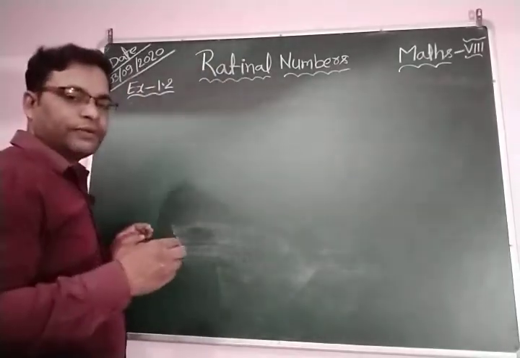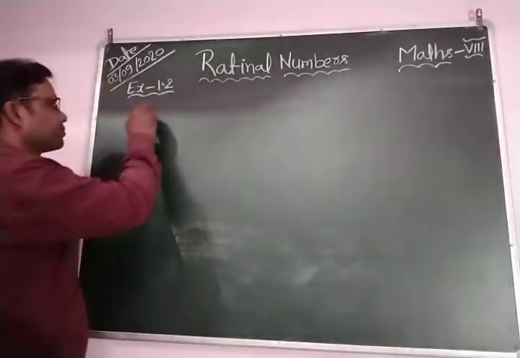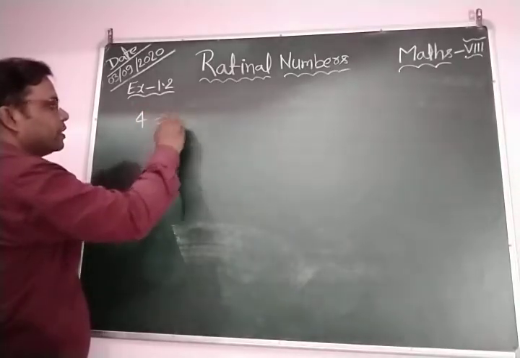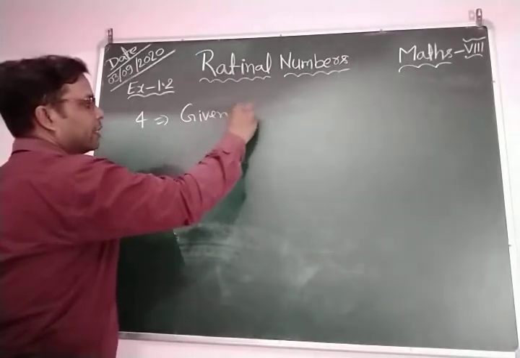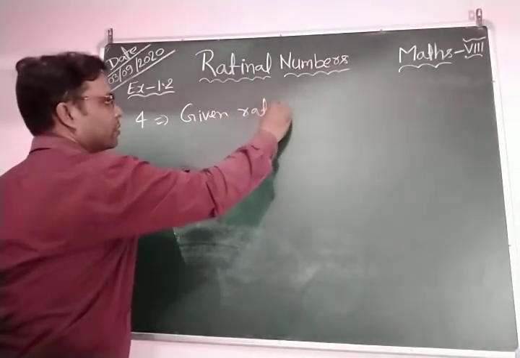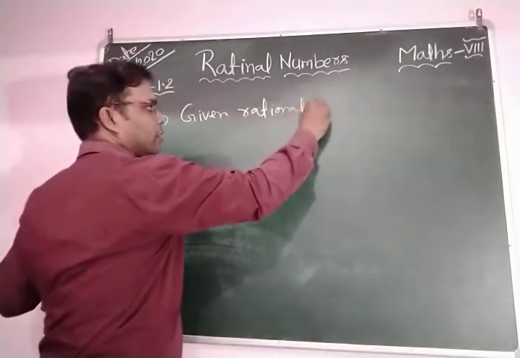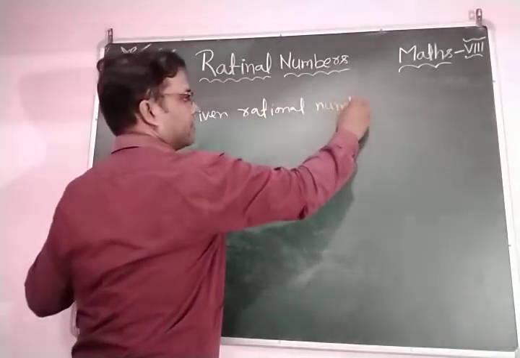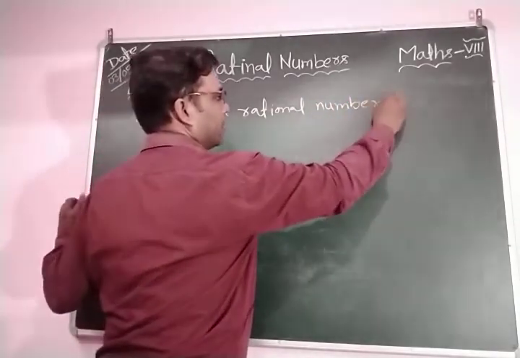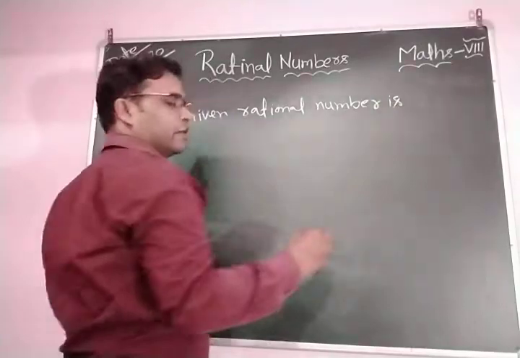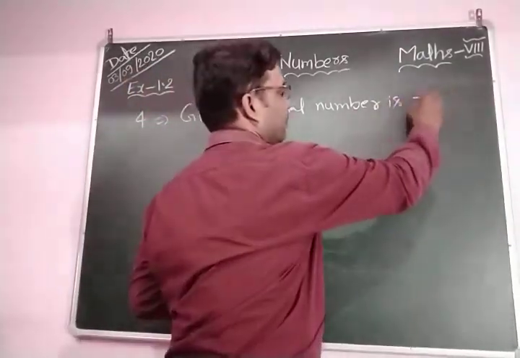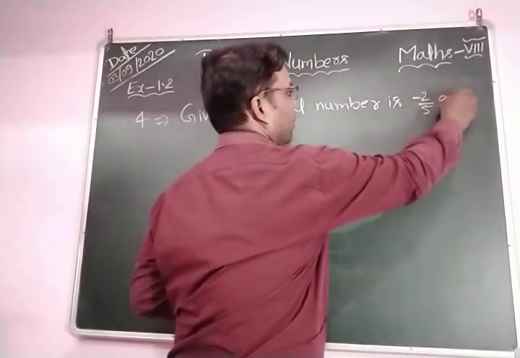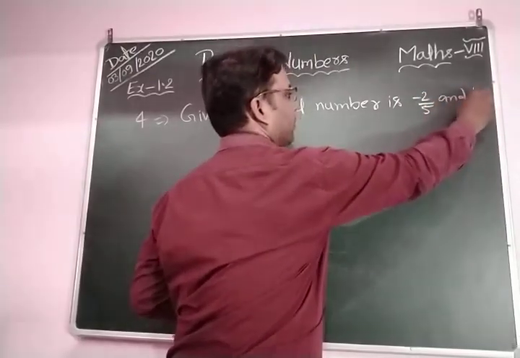This is question number 4. Find the given rational numbers. What are the given rational numbers? Minus 2 by 5 and 1 by 2.